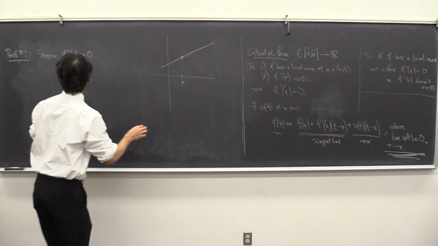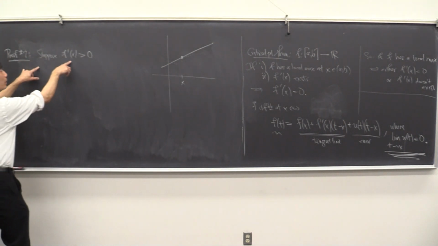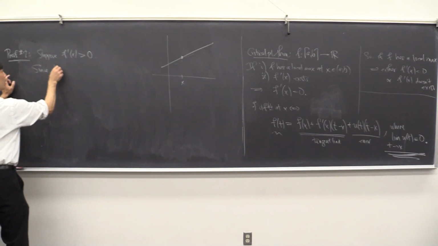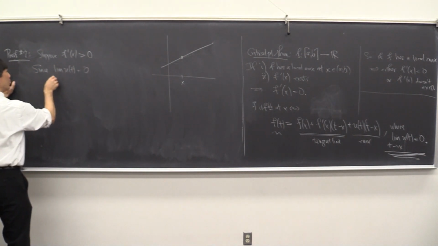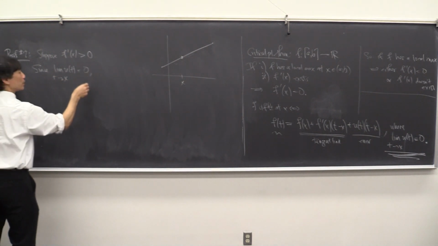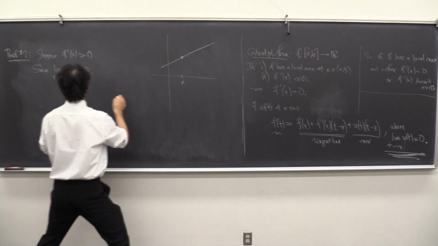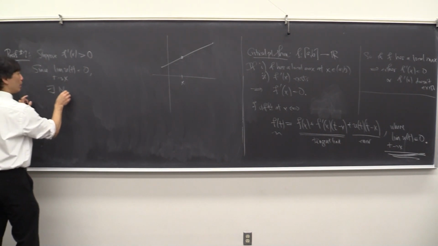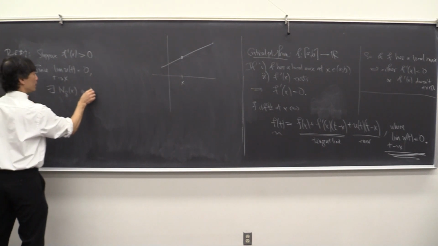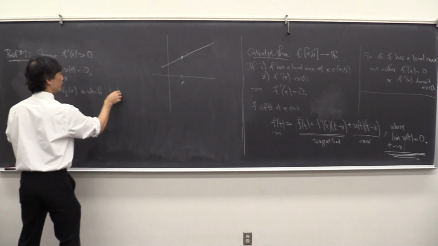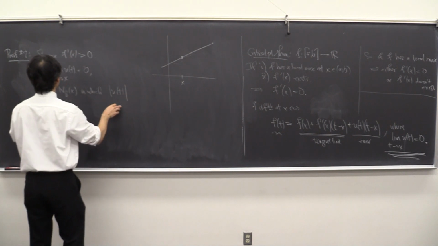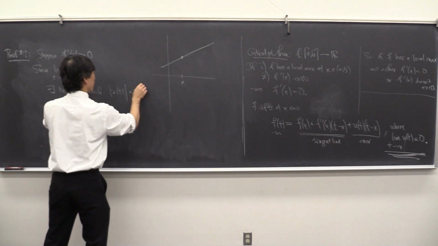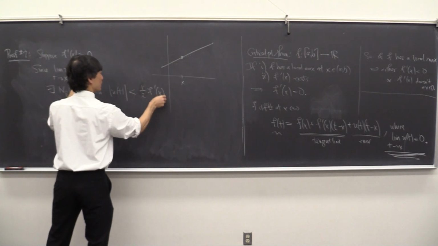So what we're going to do is say, well, look, if f prime x is bigger than 0, then since the limit of u of t is 0 as t goes to x, we know that there's some neighborhood around x in which the size of u of t is smaller than, let's say, half of f prime x.